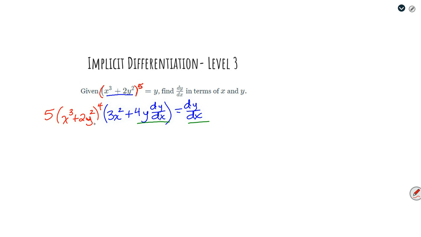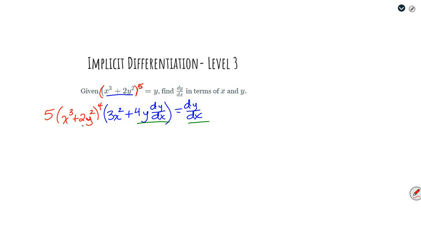I can't really multiply what's in the red to this term because what's in the red would need to be raised to the 4th power first. Then that 5 would need to be distributed. And no one here wants to multiply something out 4 times and then distribute it 5 and then distribute it. So there is a shorter way to do this.